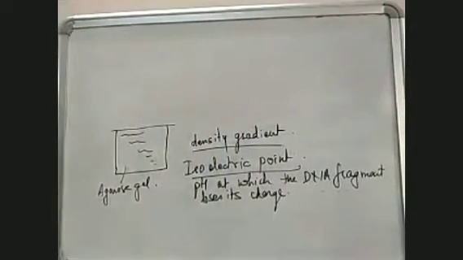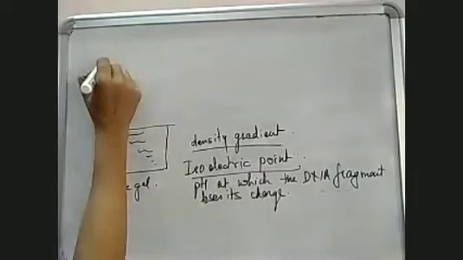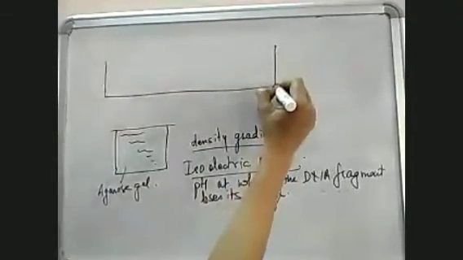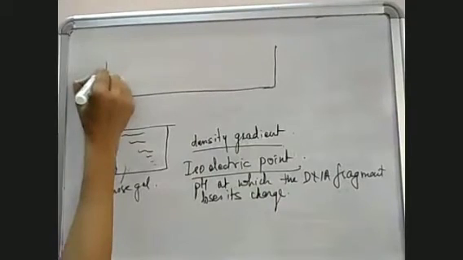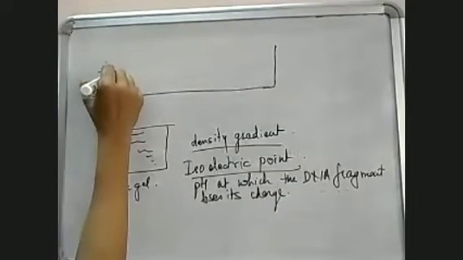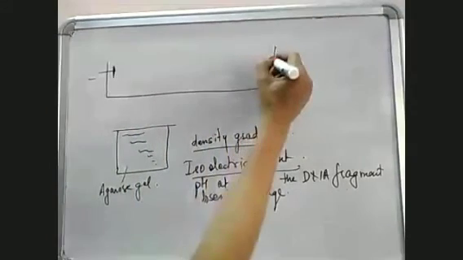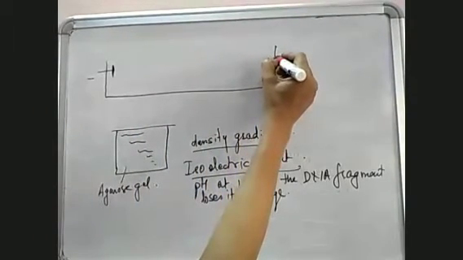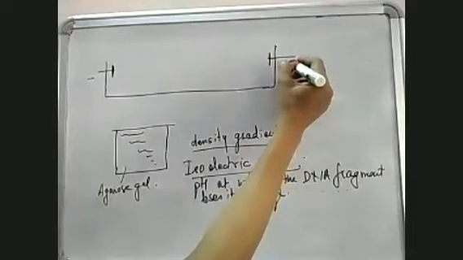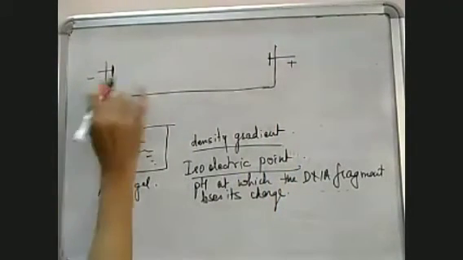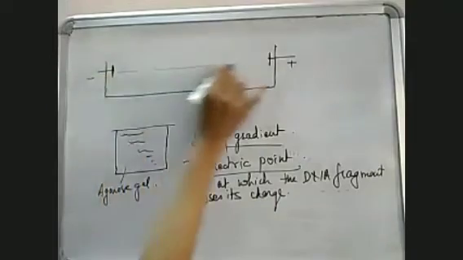During this method, a trough is taken, and in this trough we have a positive and a negative here, a positive here and a negative here. Here we spread the agarose gel.